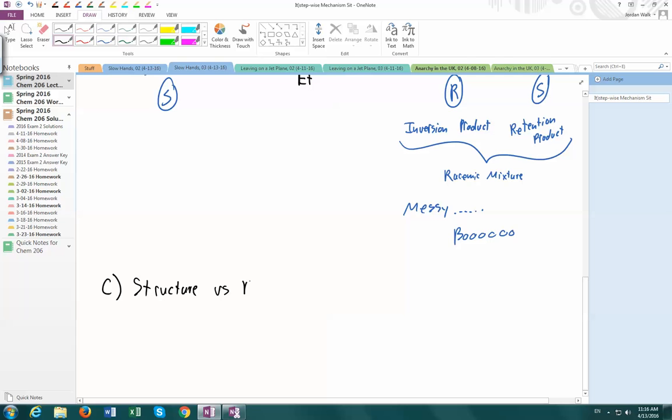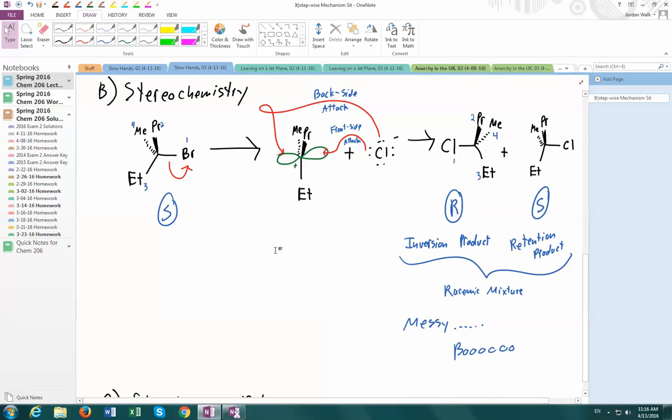Structure versus rate. Now, what aspect of the structure in an SN2 reaction is most important? There's crowdedness, right? And so the more crowded we have an electrophile, the slower we're going to have a reaction. And so the inversion product comes from the fact that basically that would be the same exact product that we got if we went through an SN2 reaction, right?